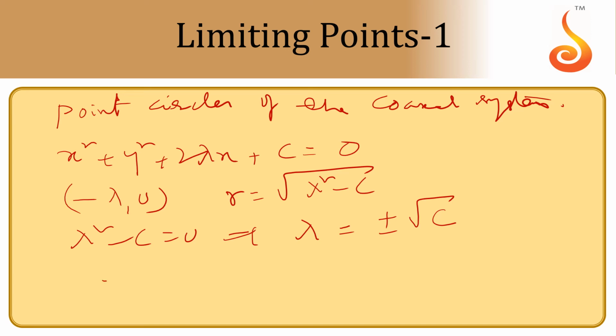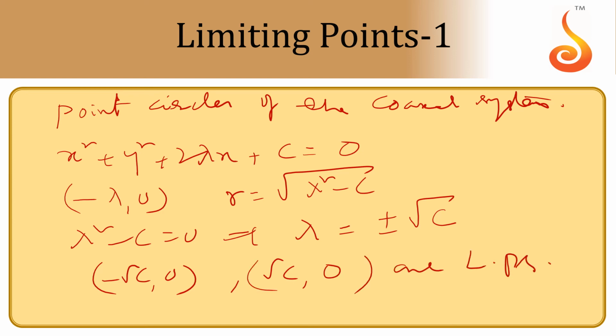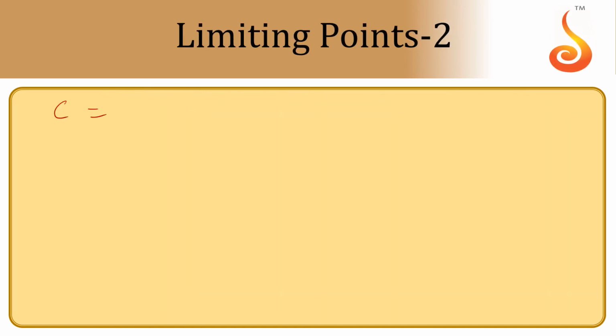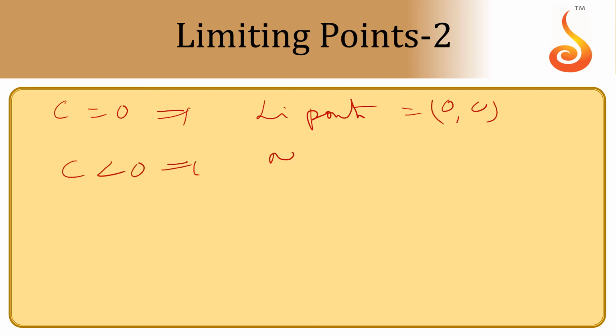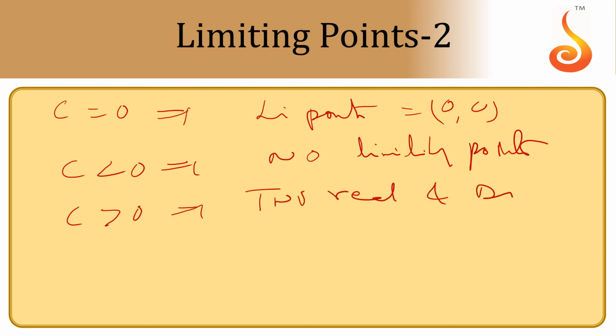So can I say minus root c comma 0, root c comma 0 are the limiting points. So now if c equal to 0, the limiting points are coinciding with the origin. If c less than 0, no limiting points. If c is greater than 0, two real and distinct limiting points are there.